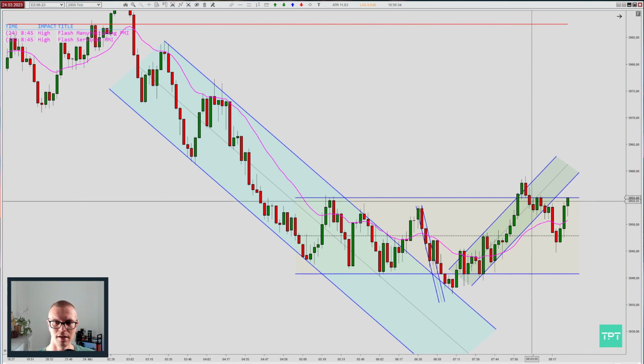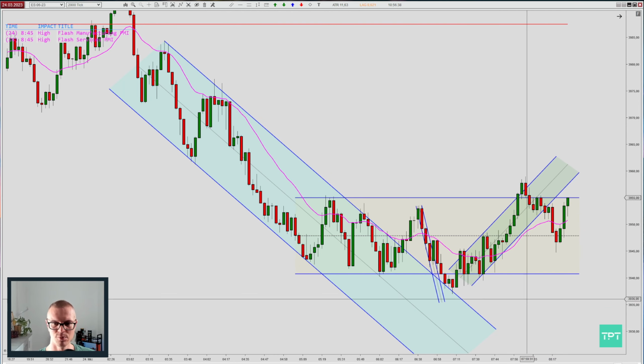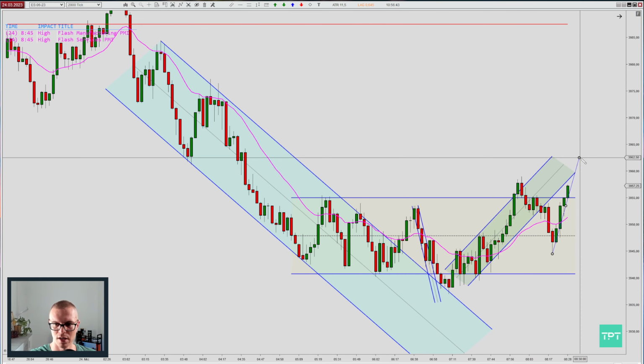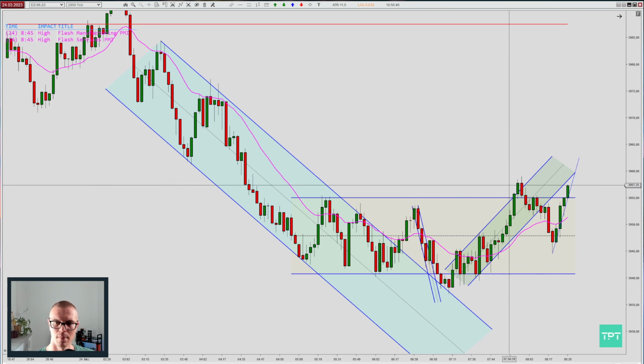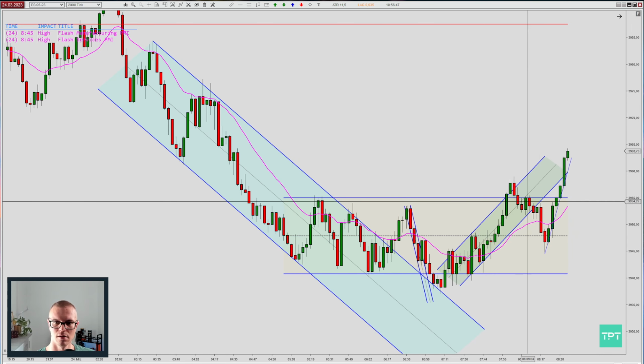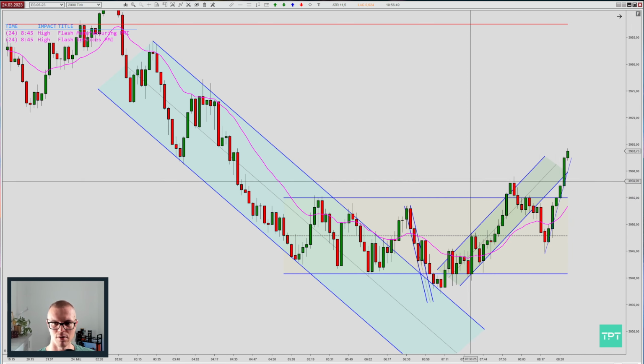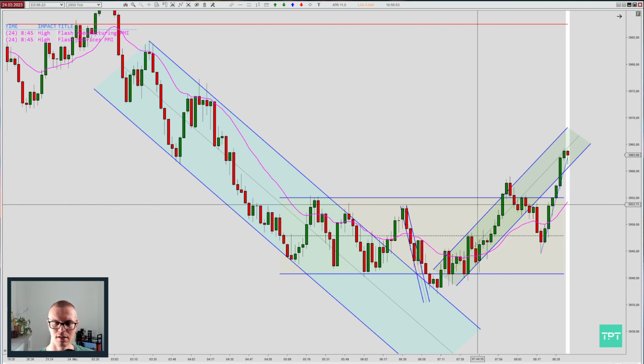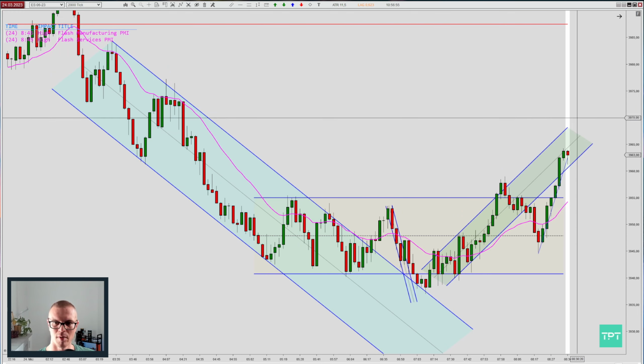Prices come lower here. This is a lower high, but this bar is way too big, so we cannot take it. And now we are pushing above the last resistance here of the range, and we are making a new high of this shorter term uptrend channel here. And you can see markets are opening.